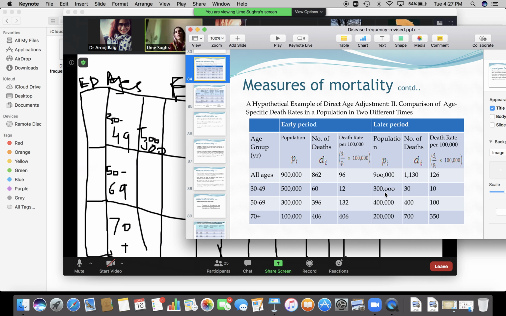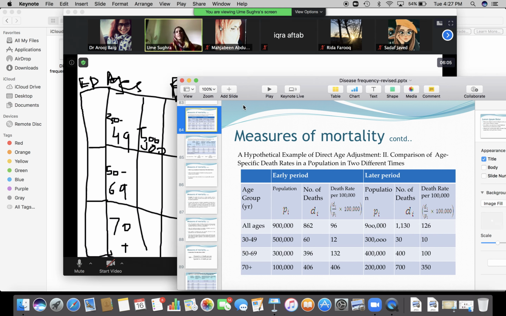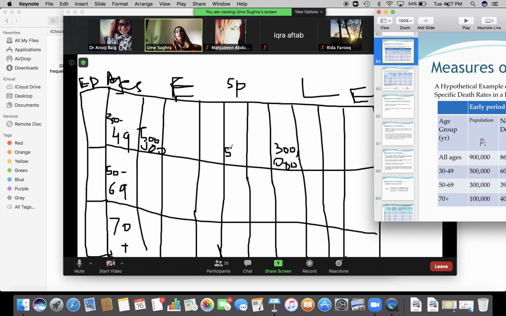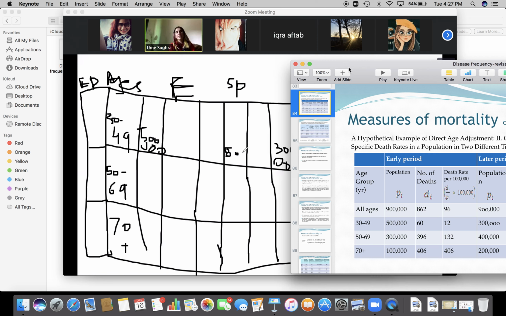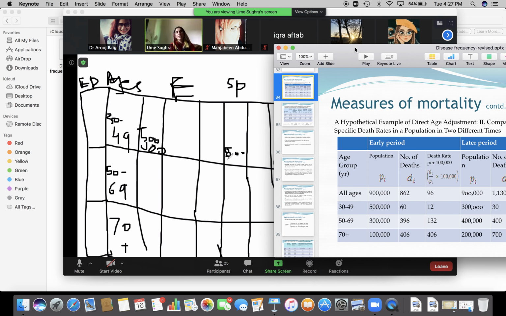Okay, fine. So, how do we calculate the standard population for these periods? That would be adding up both of them. 500,000 plus 300,000 to get 800,000 for this particular period, right?